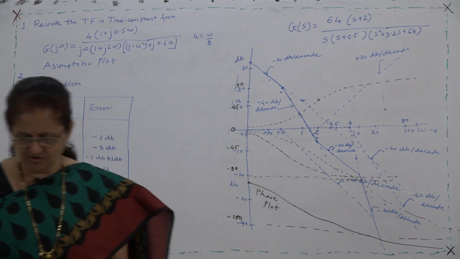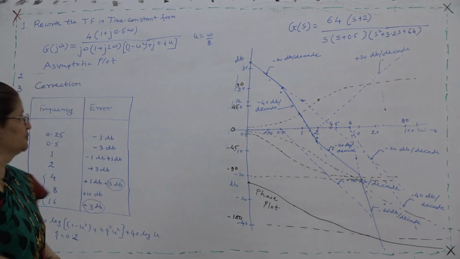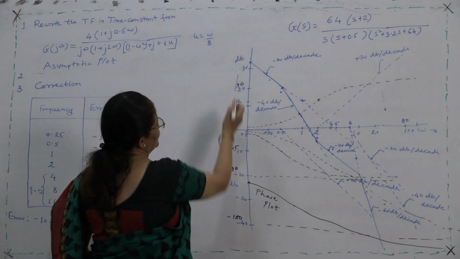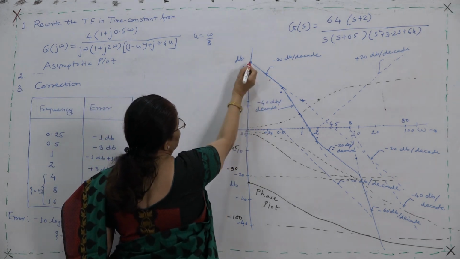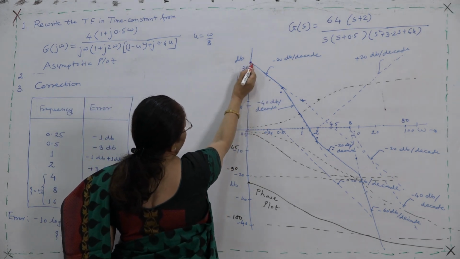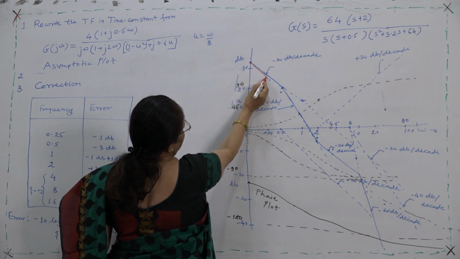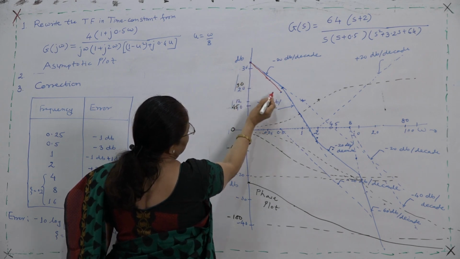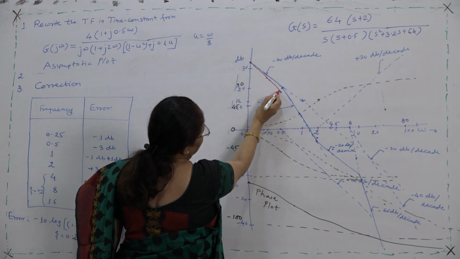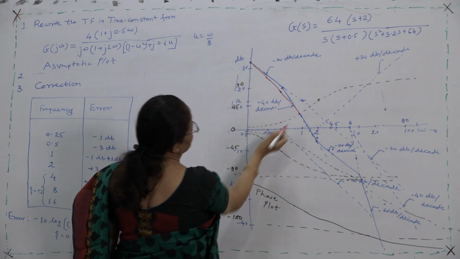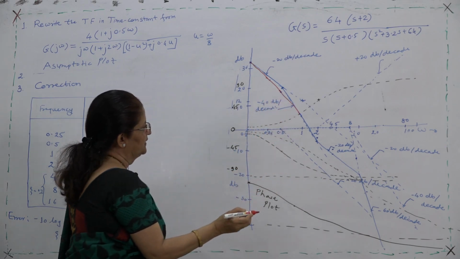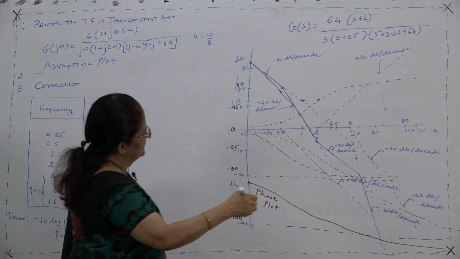And now, what is your actual Bode plot? The actual magnitude plot will be, this is the correction. So, start from here, this is your corrected point, this is your corrected point. At 1 you have to join this. So, draw a smooth curve now, okay.